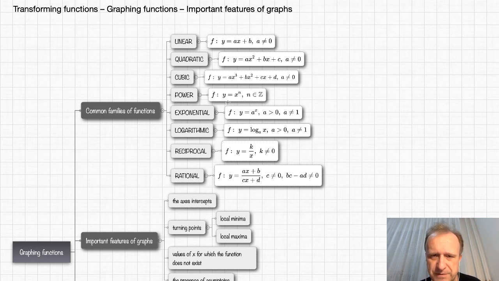Power functions, you may remember these. y equals x to the power of n, where n is an integer. Exponential functions, y equals a to the power of x, a is positive and a is different from 1. Logarithmic functions, which were the inverse functions to exponential functions, y equals logarithm in base a of x.